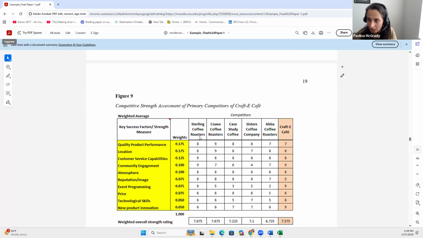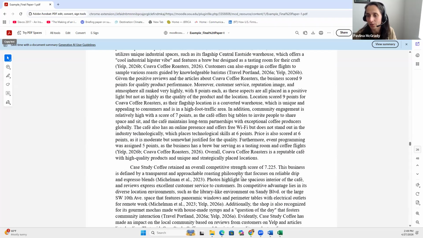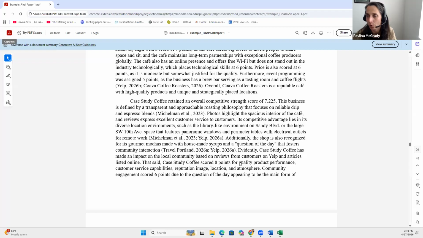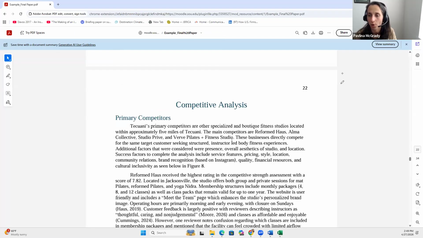So for this ranking, you explain for each competitor why you gave them an 8 on quality, how they rank on location, customer service, etc. You can see for each competitor there is about a paragraph where you explain each of those ratings. And again, here is the other example that we're looking for.